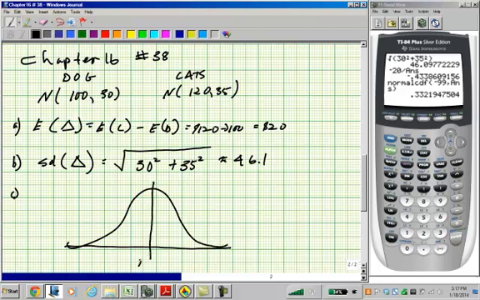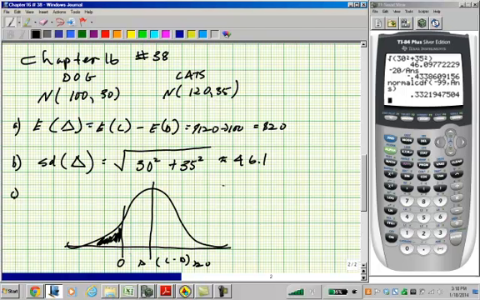This is the difference of cats minus dogs, and that difference happens to be $20. Now over here the difference is 0. So we want to know how often the difference of cats minus dogs is less than 0. What's the probability that that happens? Okay, so the average difference is $20, and we want to know how often it's less than 0.